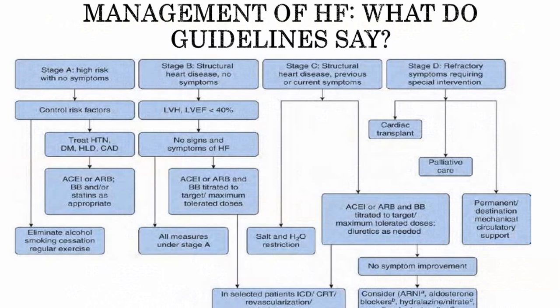This is again the same as what we have given before. What you do in different stages: stage A, stage B, stage C, and stage D. This is according to ACC guidelines.